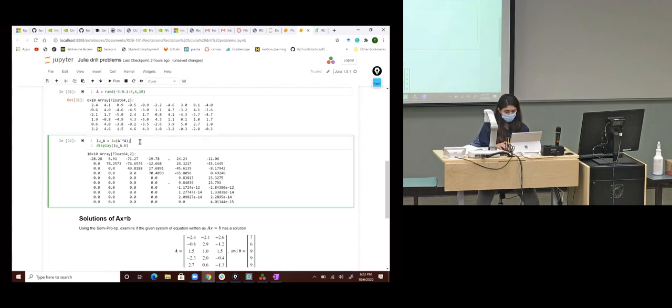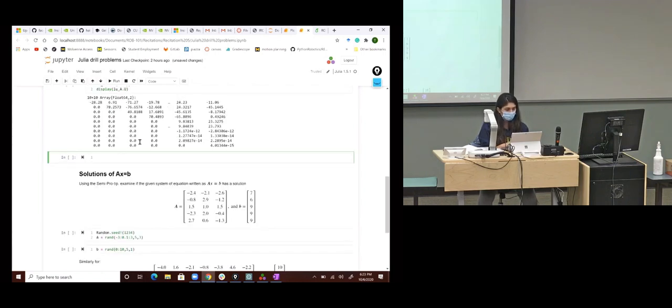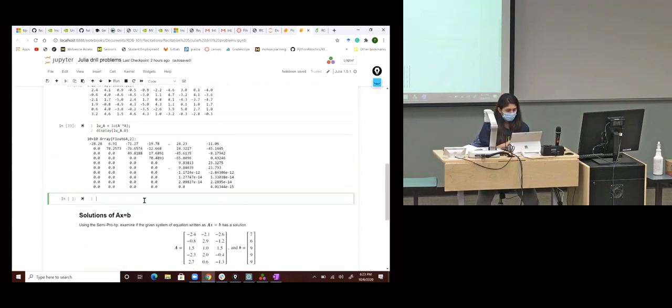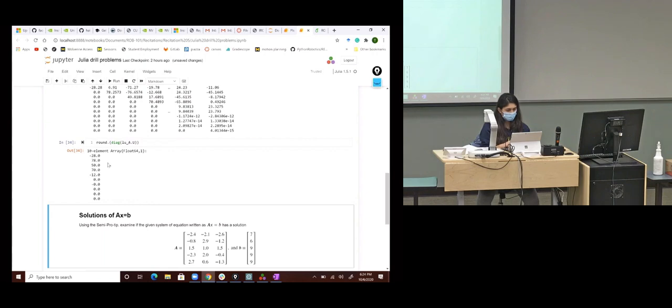So what I do is I don't even care about all of U. All I care about is the diagonal elements of U. And I also want to round the terms. I don't want to see the exponentials and everything, so I will just round off this matrix. And there you go.